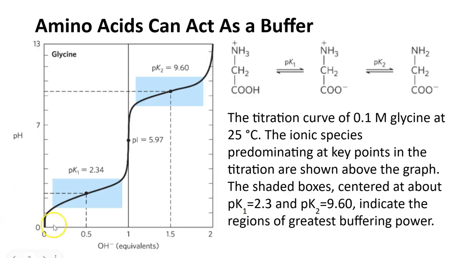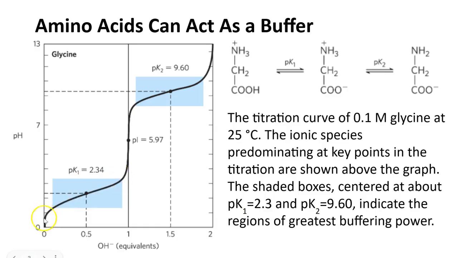And when you see this change in pH, there's also a change in the form of the amino acid. Know that there is not just one amino acid molecule in here. It's the same type, but there are multiple versions of that amino acid in the solution.